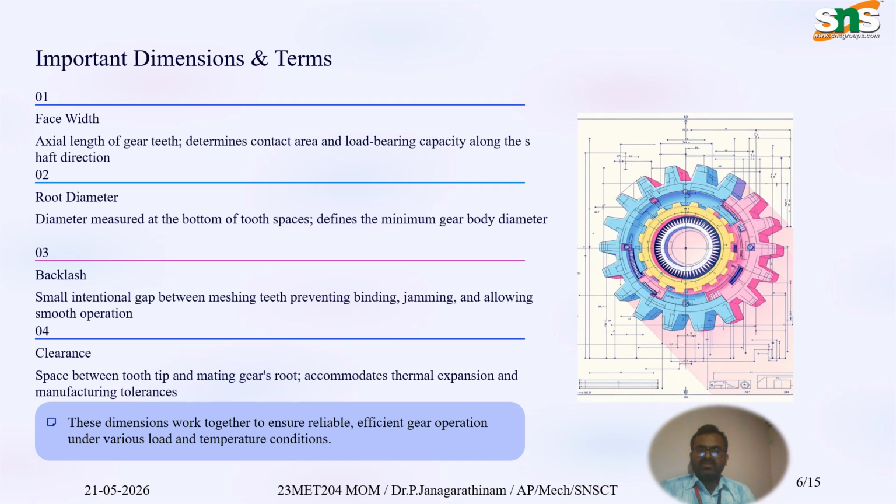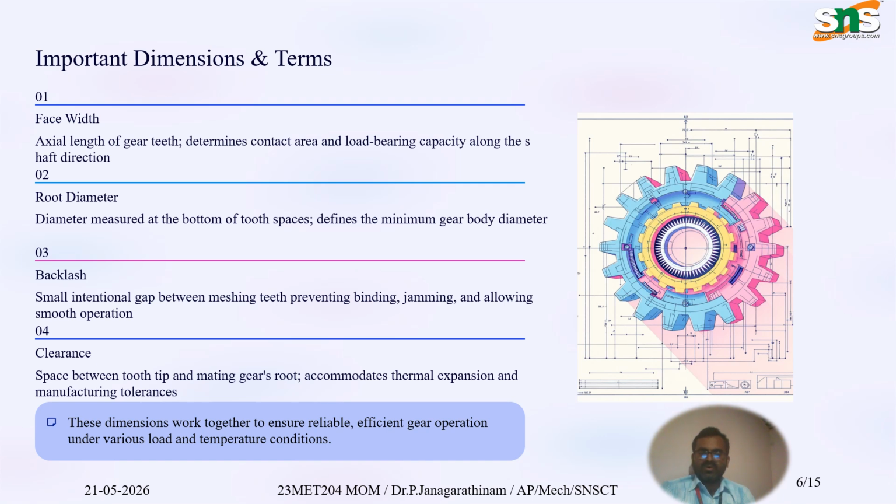So, important dimensions like face width, root diameter, and backlash. Backlash is the small intentional gap between the meshing teeth, preventing binding and jamming, and allowing smooth operation between the two moving gears. Clearance is the space between the tip and the mating gear root, which accommodates thermal expansion and manufacturing tolerances.